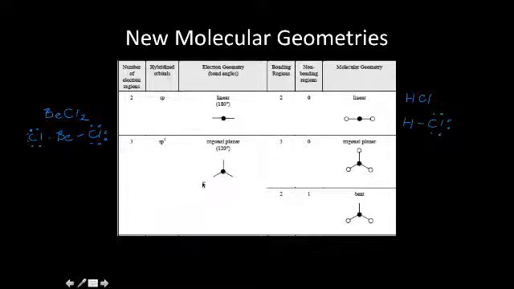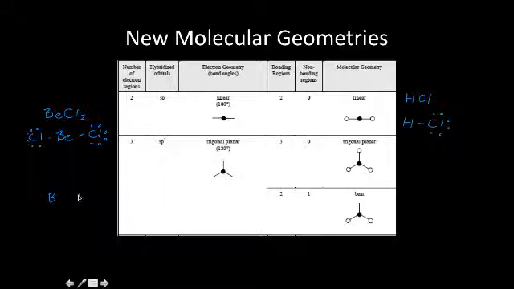If you keep going down, we have trigonal planar, and we talked about boron liking to make that trigonal planar molecular geometry. It's got 3 areas of electron geometry, right? 3 areas of electrons able to bond, but it doesn't have enough to create a full octet.